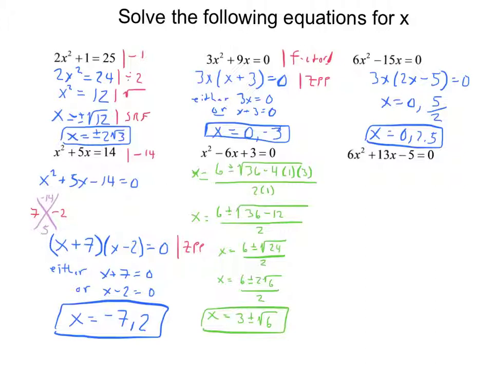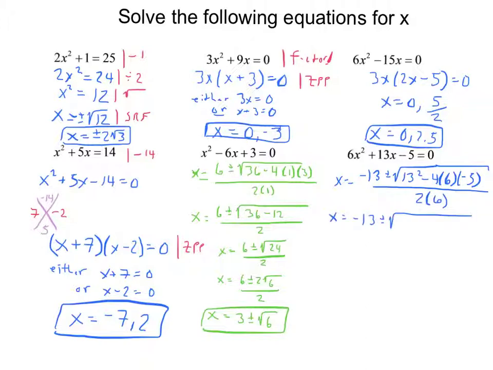Okay, and the next one's also pretty big. Well, quadratic formula, I guess. So x equals negative b, negative 13, plus or minus the square root of 13 squared minus 4 times a, which is 6, times c, which is negative 5, all over 2 times a, which is 6.